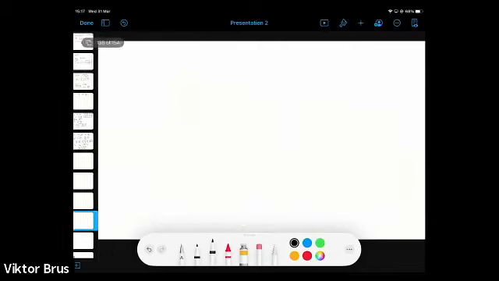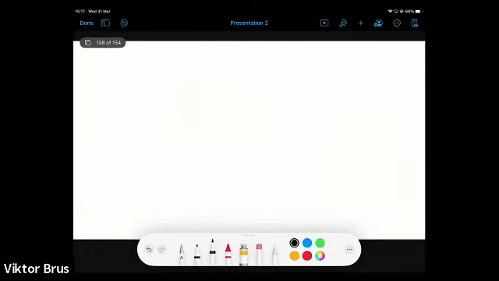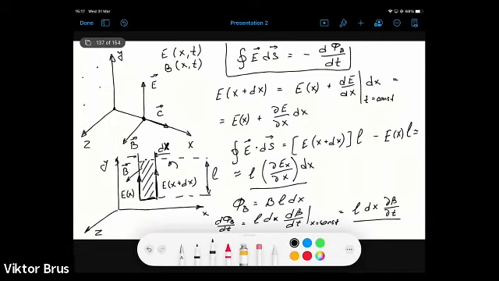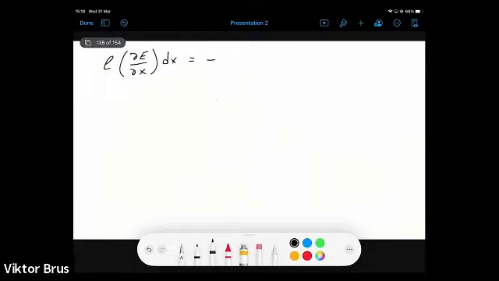Let's go to another slide. In this case, we can write that we have L times ∂E over ∂x times dx is equal to minus, what did we get there? It's L dx ∂B over ∂t.